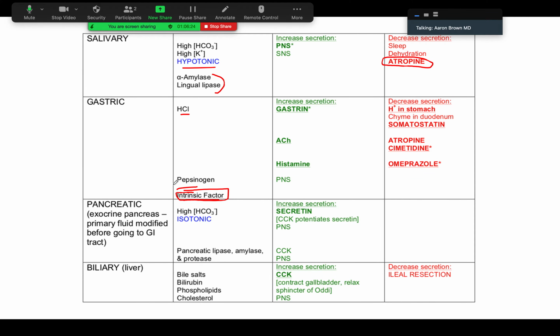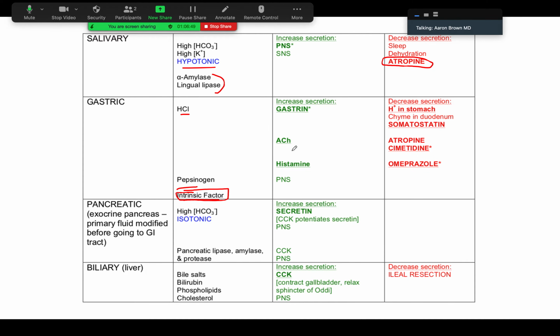If you lost every single cell that made pepsinogen, you would continue to live. If you lost every single cell that made acid, you would still continue to live. If you lost every single cell that made intrinsic factor, like pernicious anemia, right, you would not be able to live. You would get severely anemic and die, okay? So this is really the only thing that your stomach makes that you need to live.